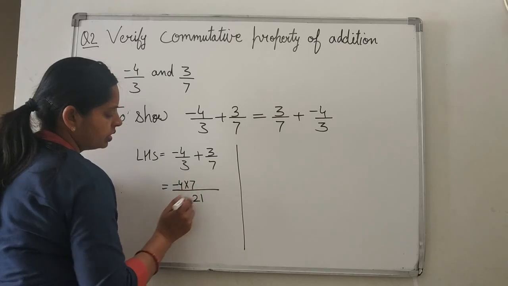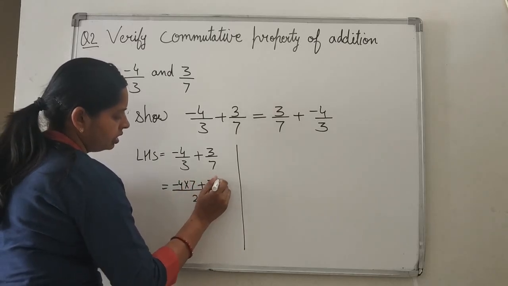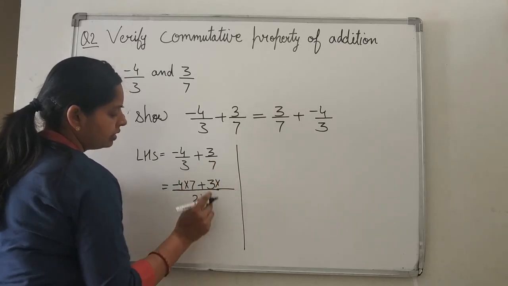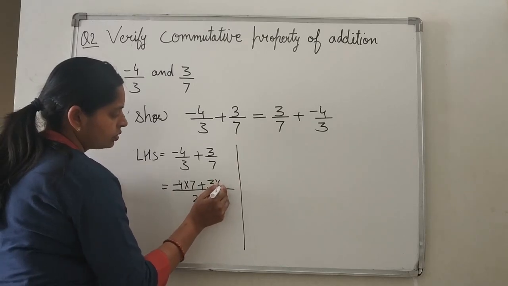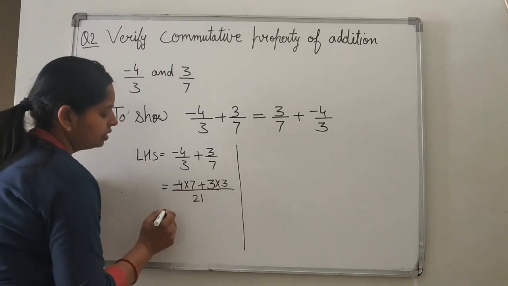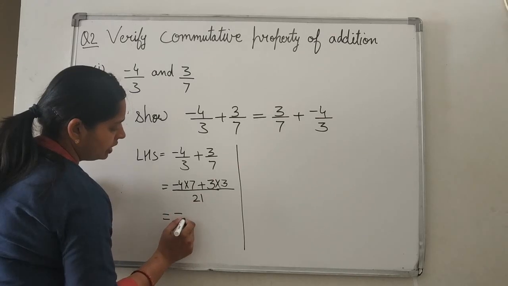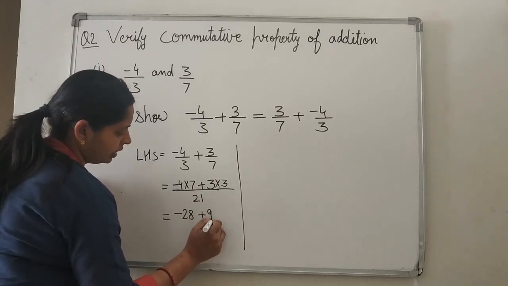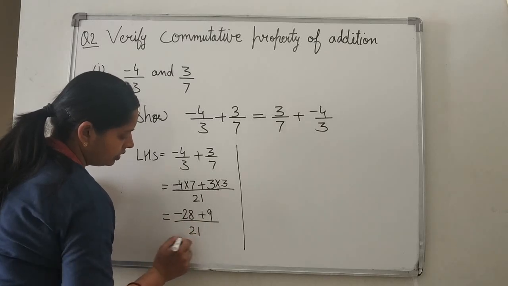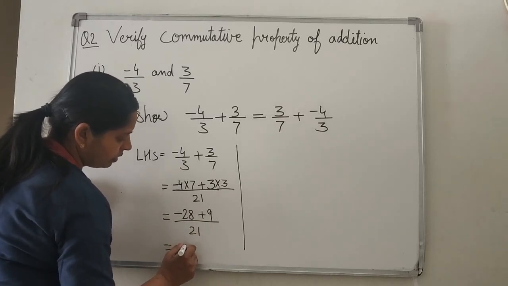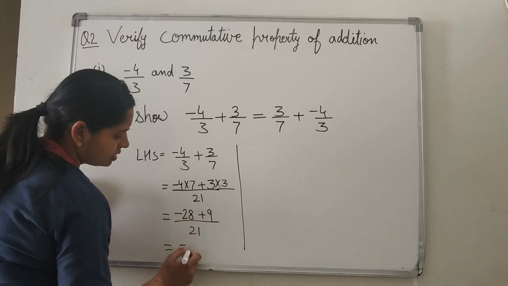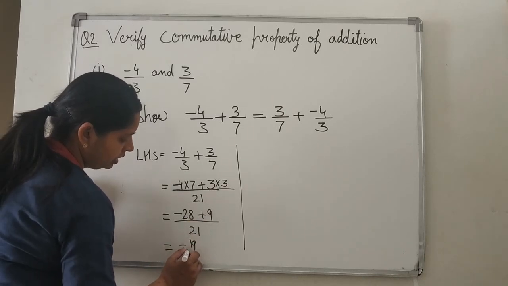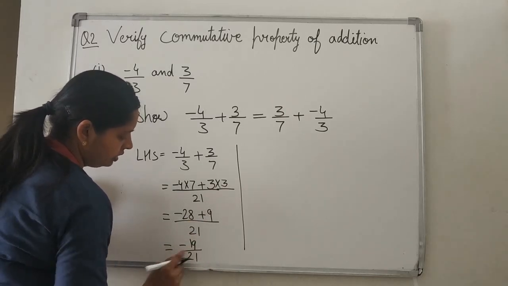So 7 we need to multiply, plus 3 multiplied by 7 3s is 21. So we need to multiply here 3. So we get minus 7 4s is 28 plus 9 upon 21, which will be equal to minus 28 plus 9 will give you how much? 19 upon 21 with minus sign.